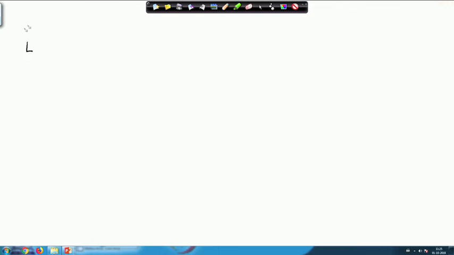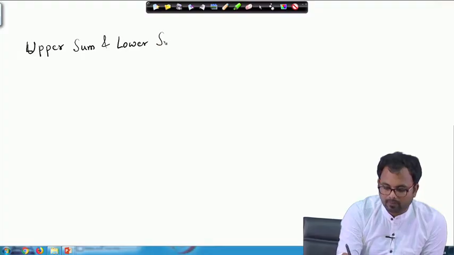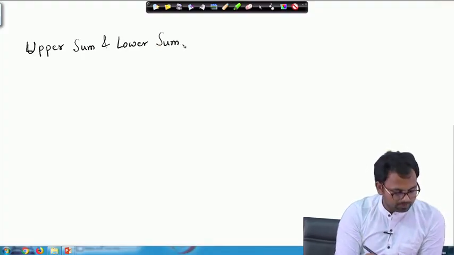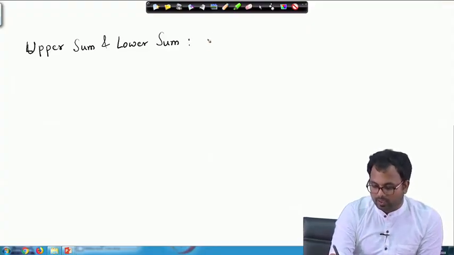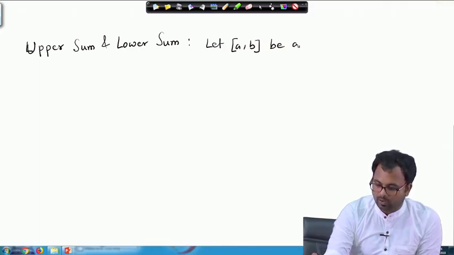So again, our point of discussion is upper sum and lower sum. Again, we will assume that a comma b is a closed interval.